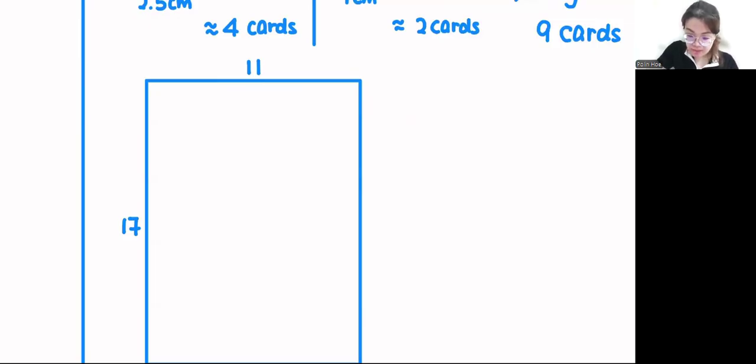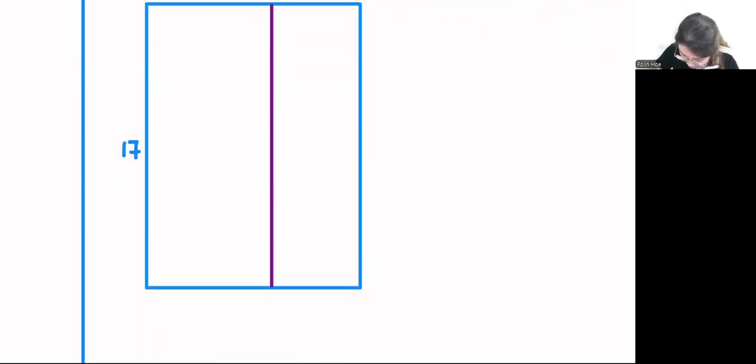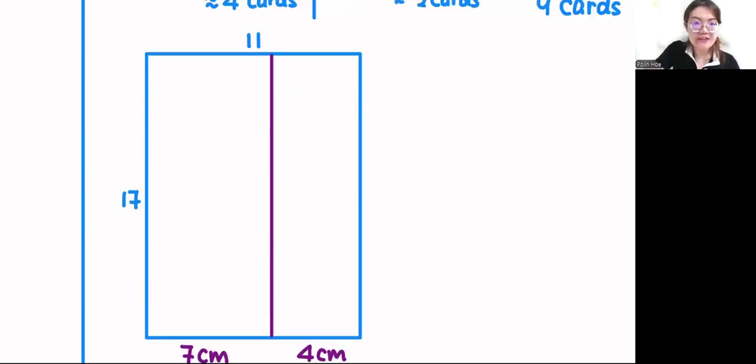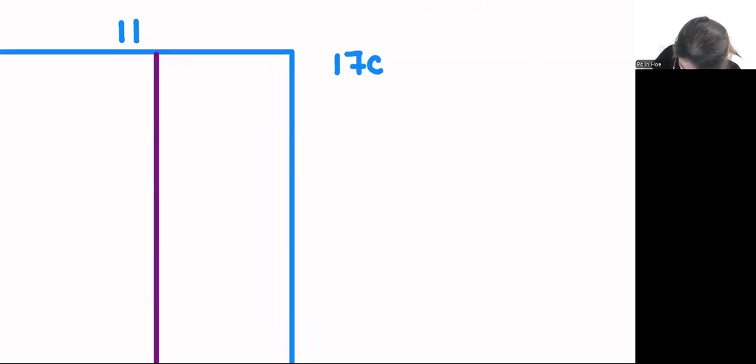Now, how are we going to cut? 11 cm, I can at most only cut one 7 cm. So I cut like this. 7 cm. And then this is 4 cm left. Out of 17 cm, how many 2.5 cm can I divide? 17 cm divided by 2.5 cm.